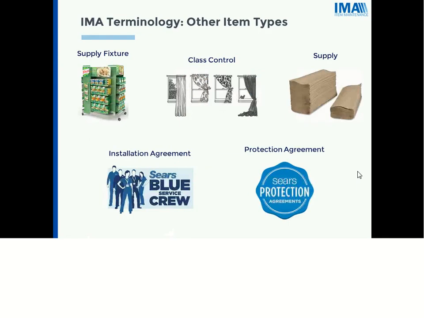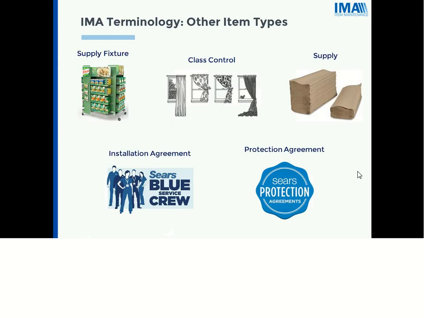Now, some of the additional item types that could be created: we have a supply fixture. If we're going to order a supply fixture, we have to actually have it built in the system so we can order it. Then the class control item, and the best example of this is curtains. With curtains, you have a very large variance in the length and the width.